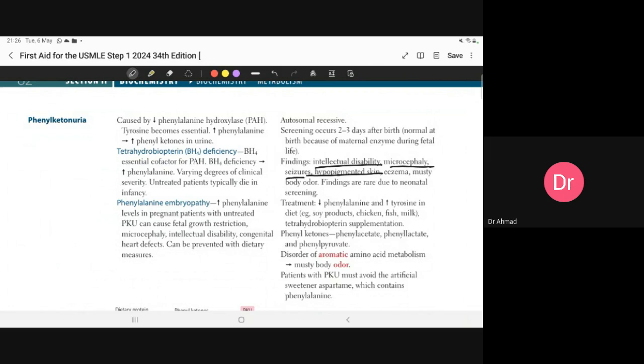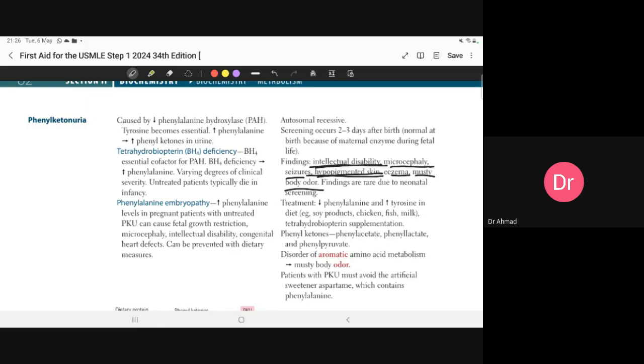These are very non-specific, but what you should remember: hypopigmented skin, intellectual disability, eczema. Excessive phenylalanine is converted into phenyl ketones, and this accumulation produces an odor known as musty body odor. This you have to keep in mind. They mention it in the questions.